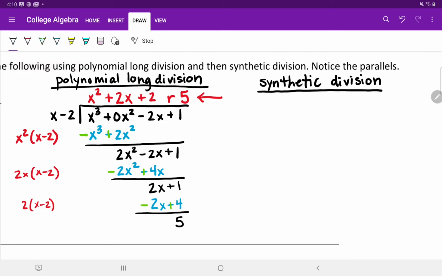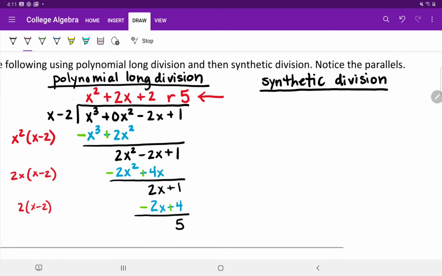So here's how it works. We take this number, -2, and we change its sign, and we write that first. So if that's a -2, we make it positive. If it was a positive number, we would make it negative. Then you're going to draw a division bracket, but upside down, and it needs to be a little longer than you're used to.